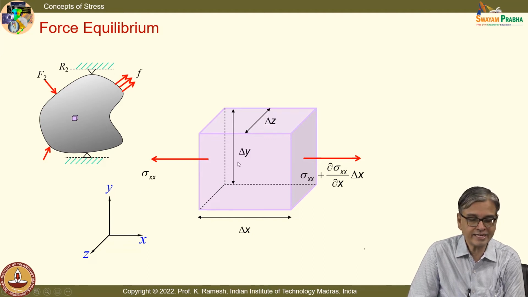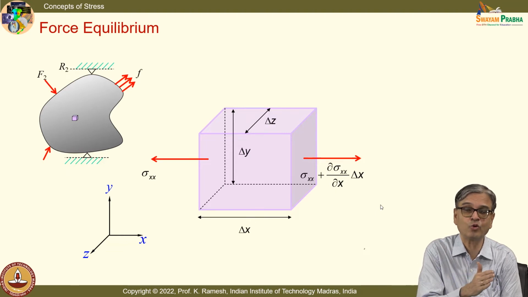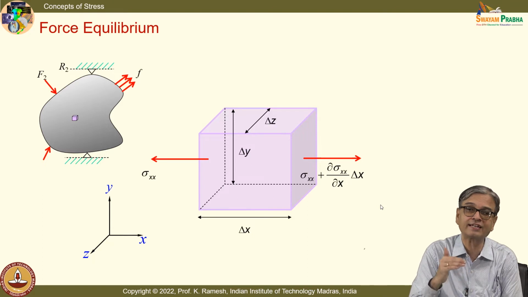I am looking at variation in the x direction. Put this as sigma xx plus dou sigma xx by dou x into delta x. On this basis, you can write all the other quantities. When I am going along the x direction, what happens? Going along the y direction, what happens? Going along the z direction, what happens?